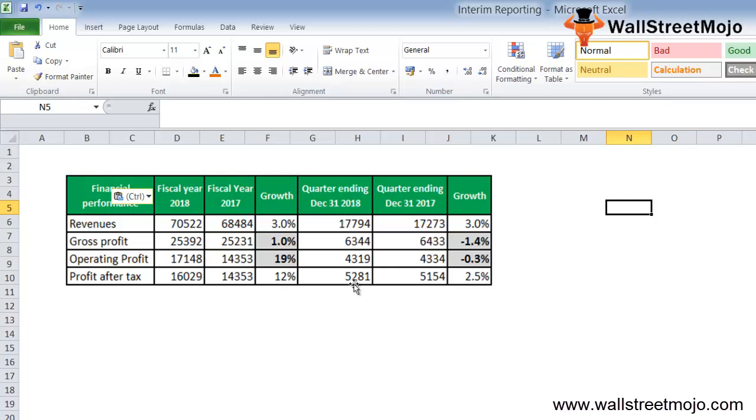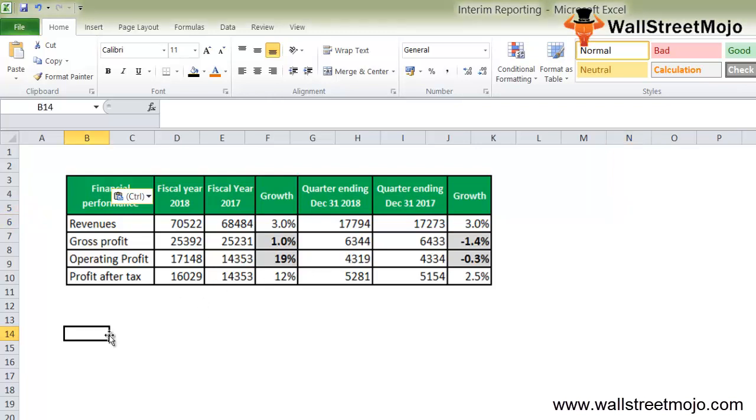So this suggests that Q4 was not good enough for the firm, even though there was a 12% growth, as you can see, in the profit on the annual basis. The information implicitly signifies the seasonality of the IT business in the October to December quarter, and this should guide the management in planning for their long-term strategic initiatives.